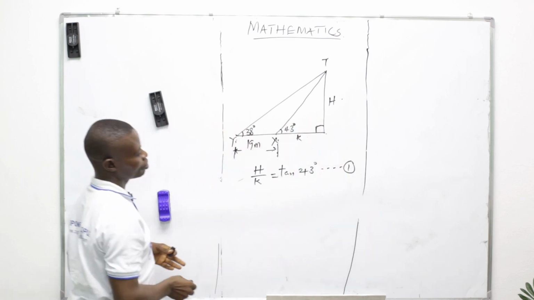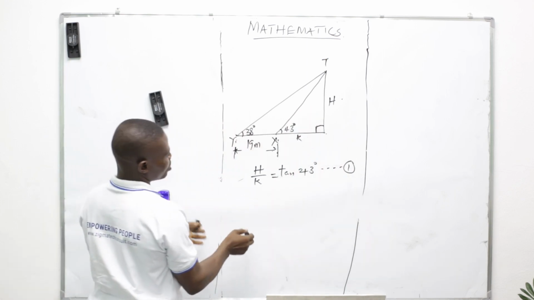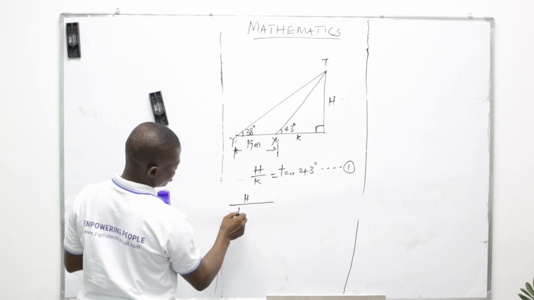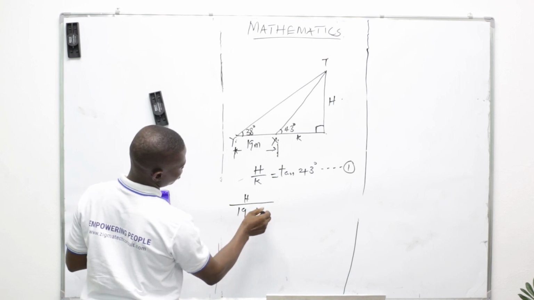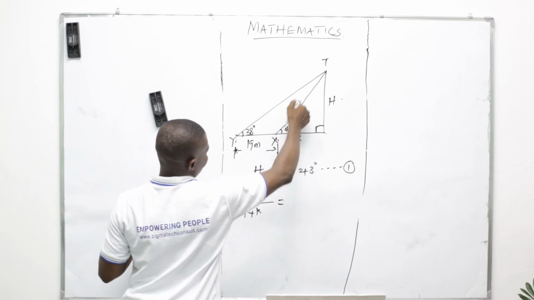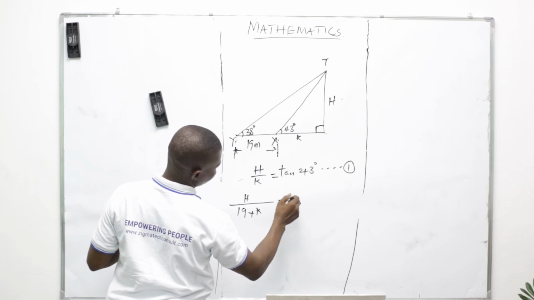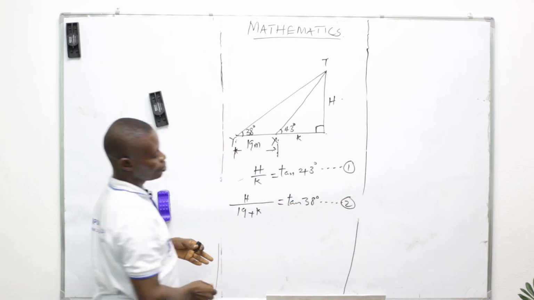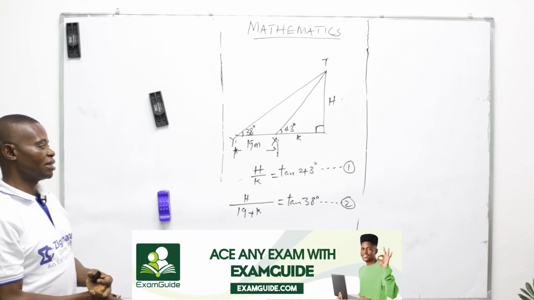Equation 1. I will also be right to say that H all over the length here, the distance, 19 plus K, equals, when I am not seeing this line, tan 38 degree. Equation 2.